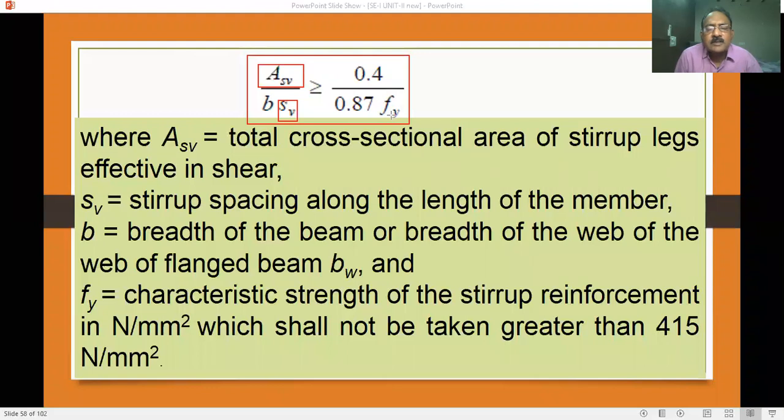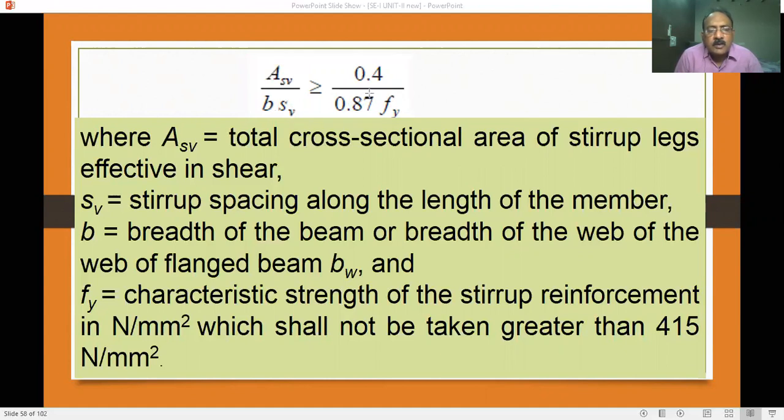This is an empirical formula given, and if it is a T section, here you will have bw, that is the web width. Fy, as you know, is the characteristic strength of stirrups. In this way, we have to calculate minimum shear reinforcement.